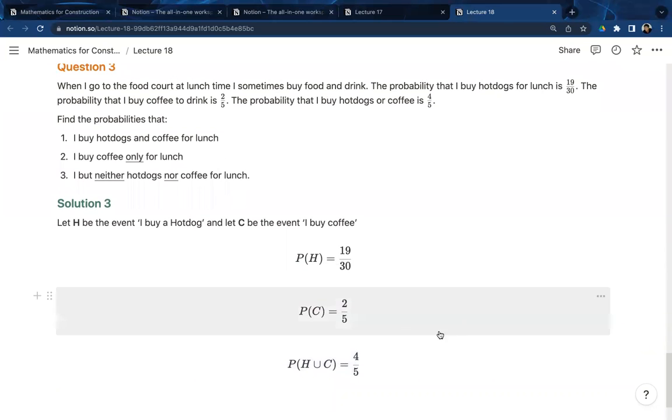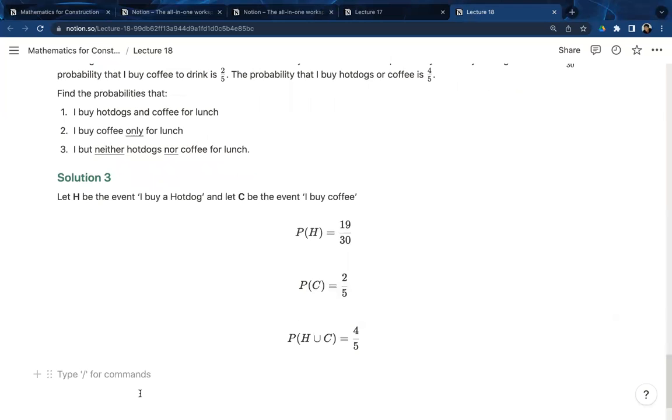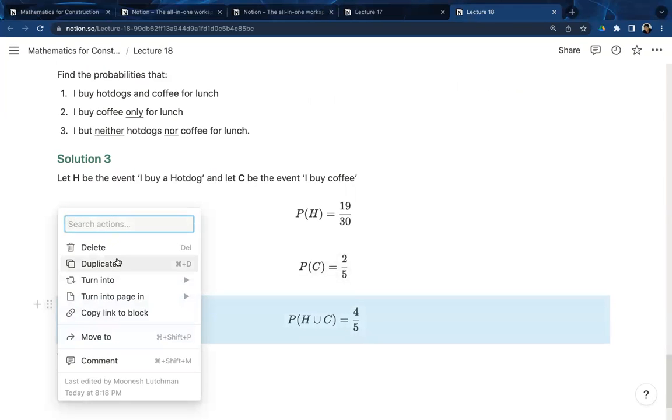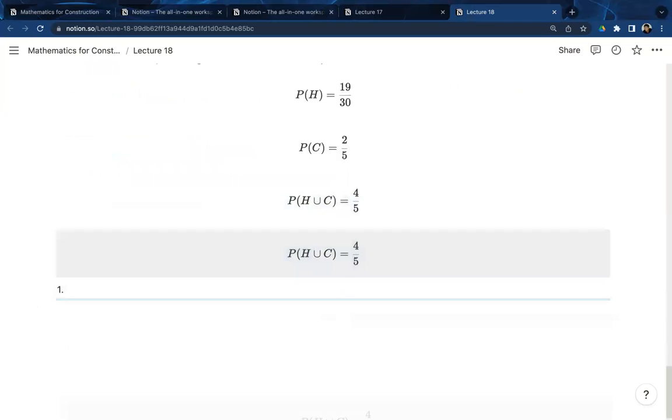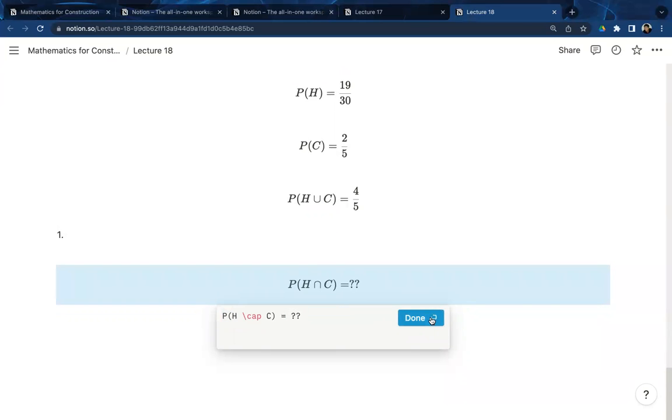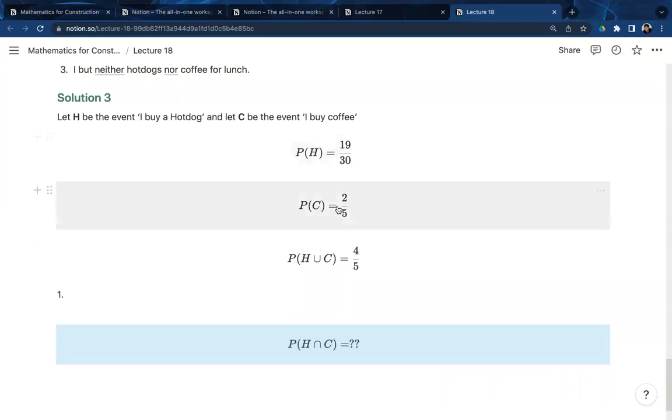They gave us that. Now, you might think this is saying hot dogs and coffee. So for the first part, they want the intersection. But you can't multiply H and C, because that only works for independent events.